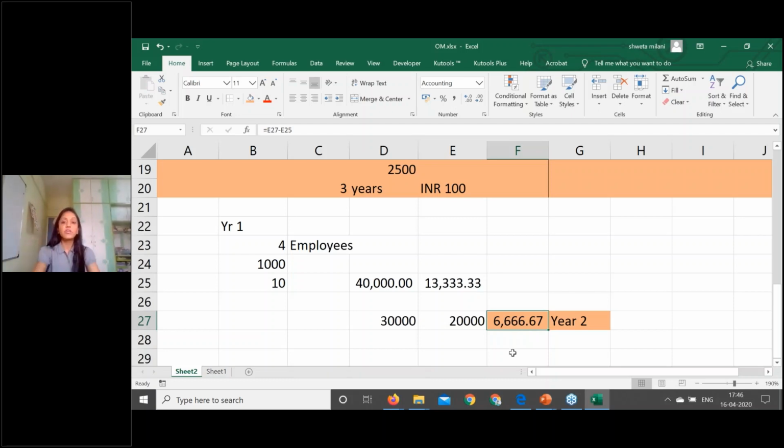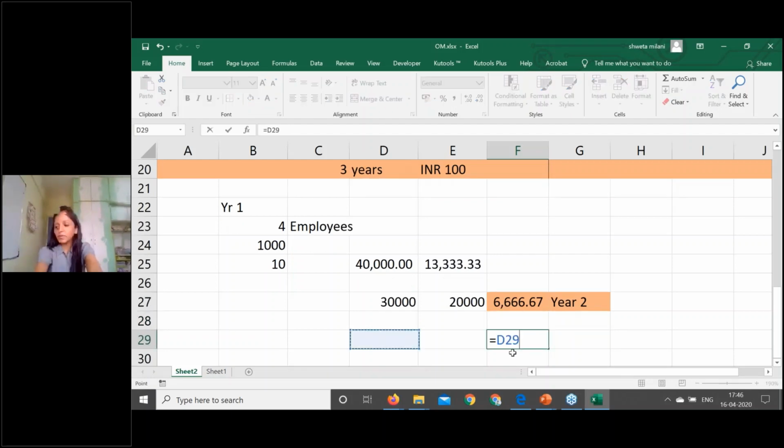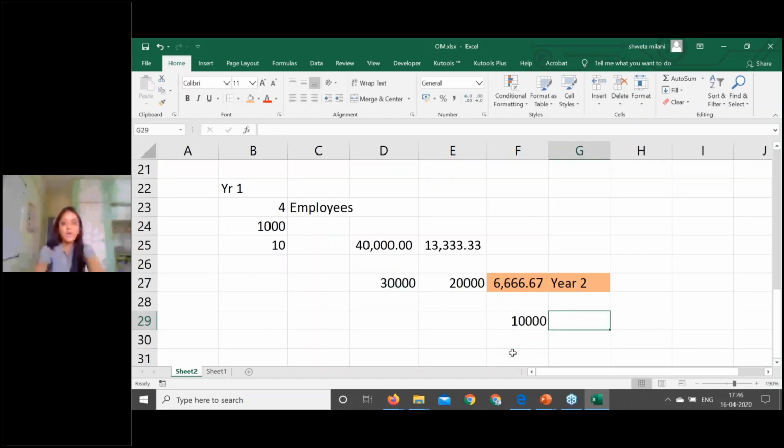for the next year. So in the third year, what would be the charge? In the third year, the charge would be 30,000. The charge would be 10,000. So how is your charge in this case? In year 1, it is 13,300.